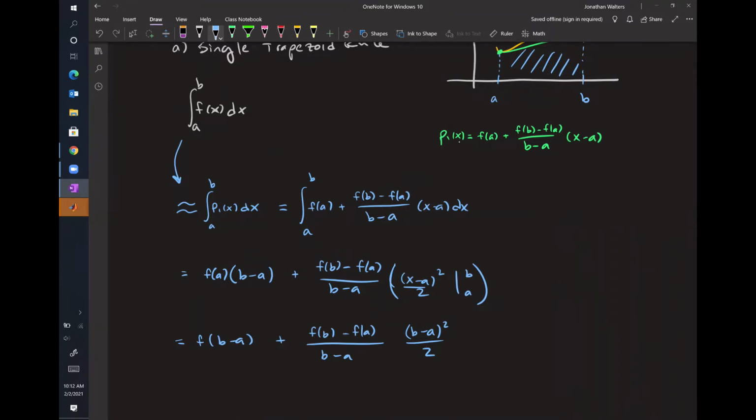Right? So I don't have to really think about the rest. I just have to do b minus a squared over 2 minus 0. Yes, sir. Yeah, I keep dropping that f of a. F of a times b minus a. Thank you. Times b minus a. Exactly.